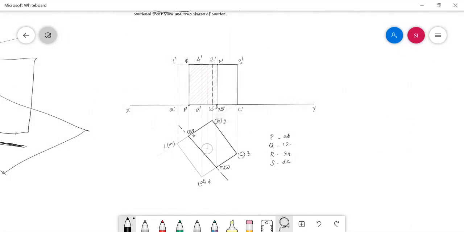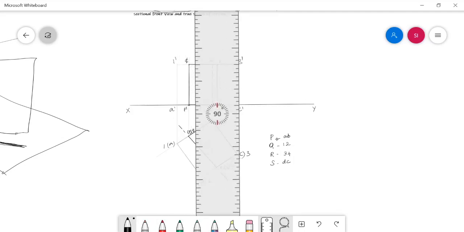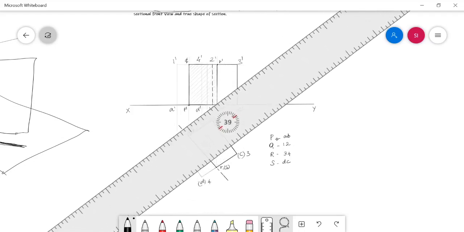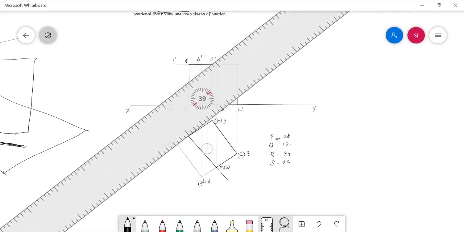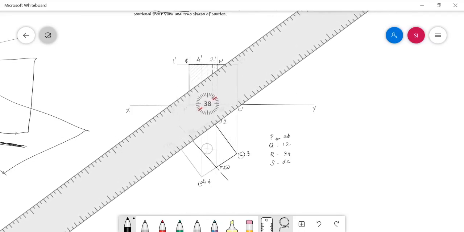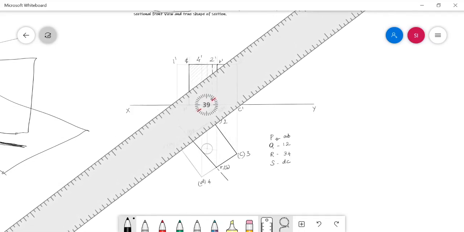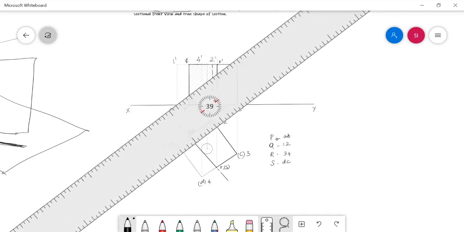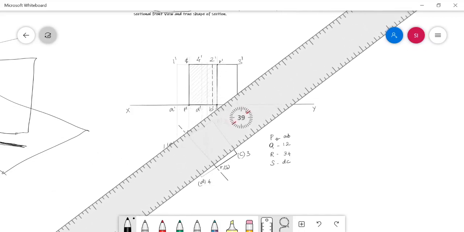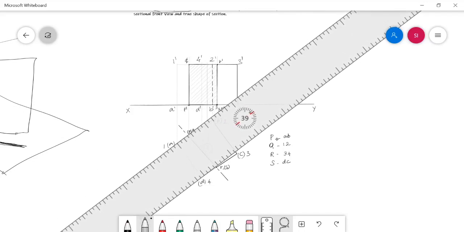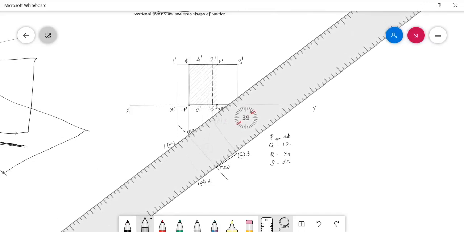For that, we need to project the cut points from the top view towards the front view area by the projectors perpendicular to the cutting plane. For that, first we need to make the cutting drafter perpendicular to our cutting plane, and then project the cut points.